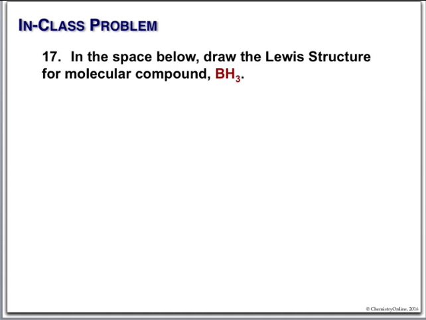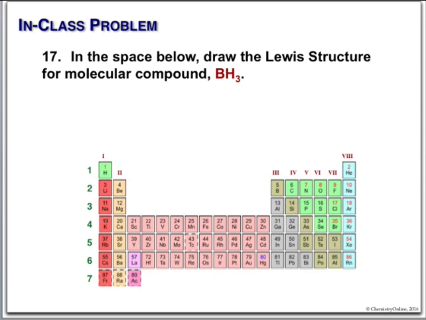You will have the opportunity to draw a Lewis structure on your exam. Here we're going to practice by drawing the molecular compound BH3. So you start off by looking at your periodic table.